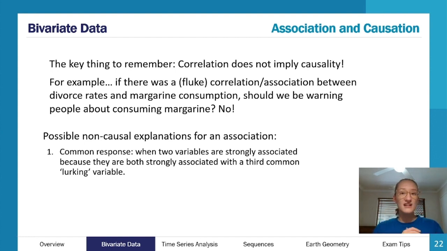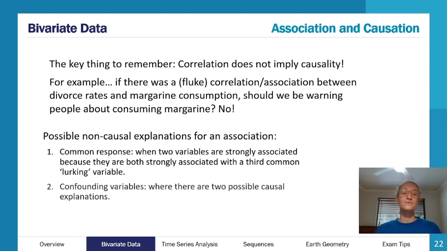Well, no, it actually doesn't. There could be a third lurking common response variable, such as the temperature. In this scenario, the temperature is associated with the number of scarves worn, and the temperature is associated with the number of hot chocolates being sold, because if it's colder, people will wear more scarves and buy more hot chocolates, which has made it seem like scarves and hot chocolates are correlated, but they're actually not. It's that lurking variable.